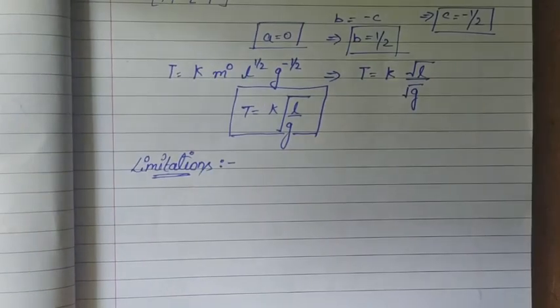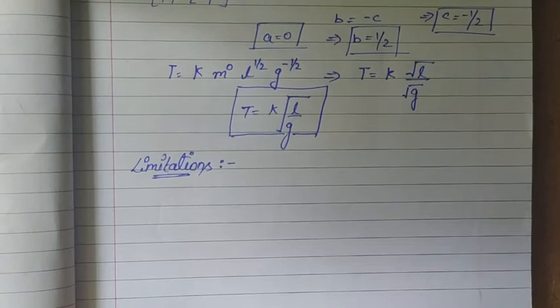As we are talking about the applications of dimensional analysis, we also have to note that along with applications there are some limitations to this study also. Like the very first and common limitation is that in this method we find the relation, but this method doesn't give any information about the dimensionless constant k.